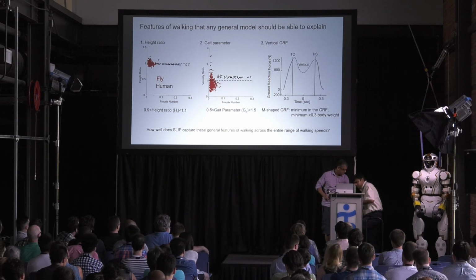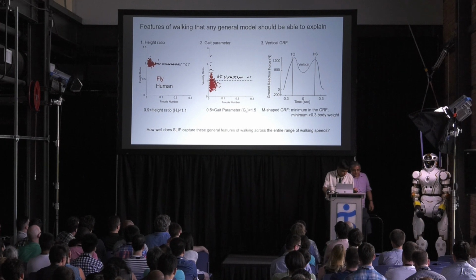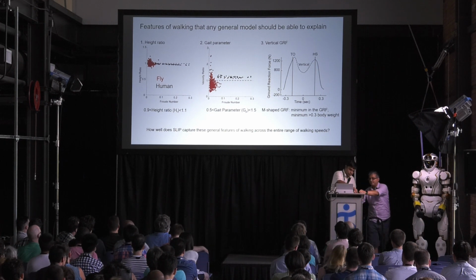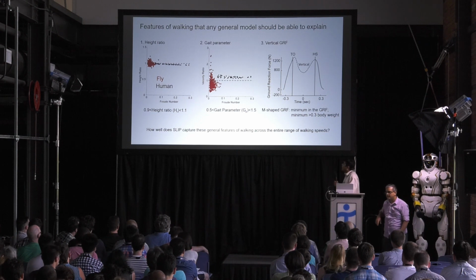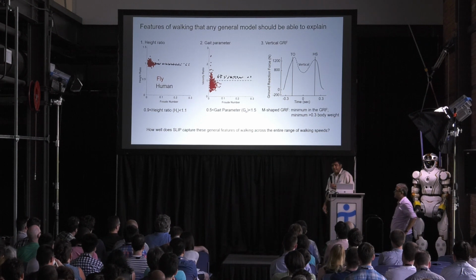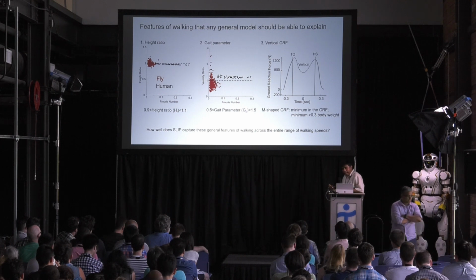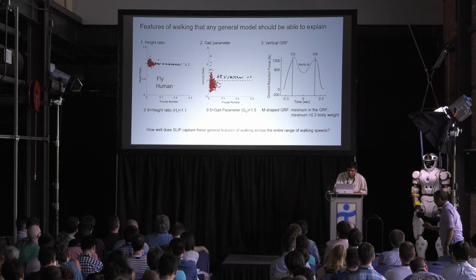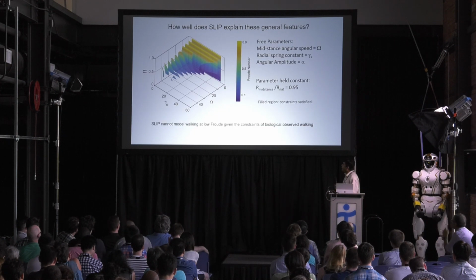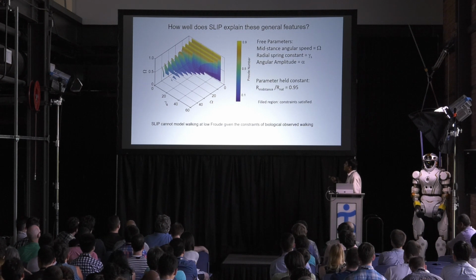Great. Thanks, Vikas. As Vikas mentioned, our strategy is to characterize realistic gaits, walking patterns, and then use that to constrain the parameter spaces of any given model. So what you see here is an analysis for SLIP.